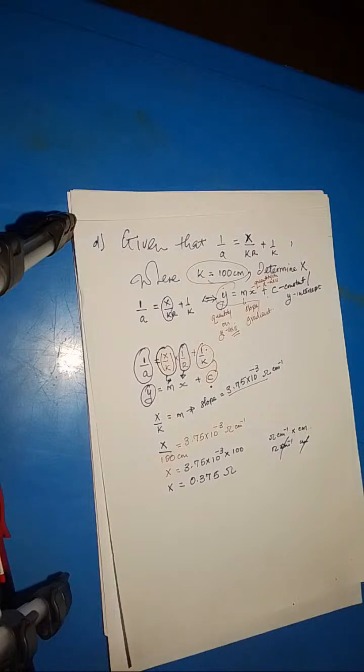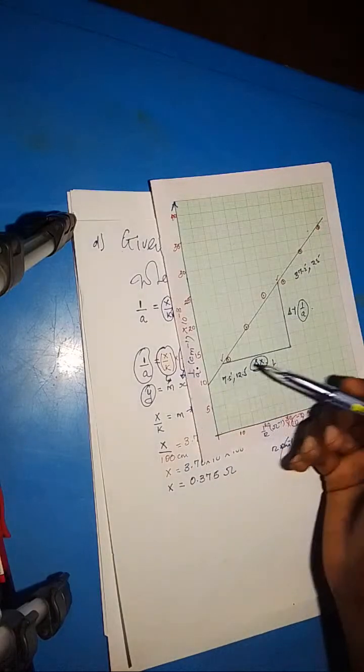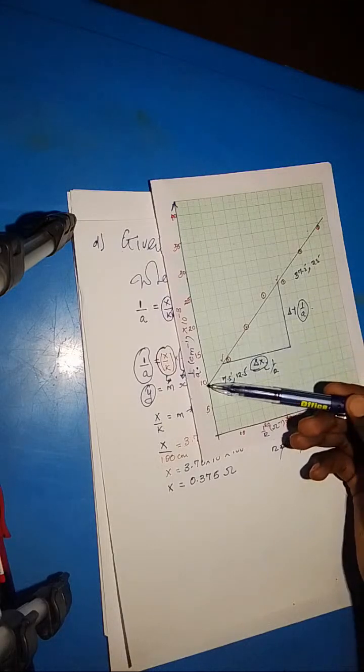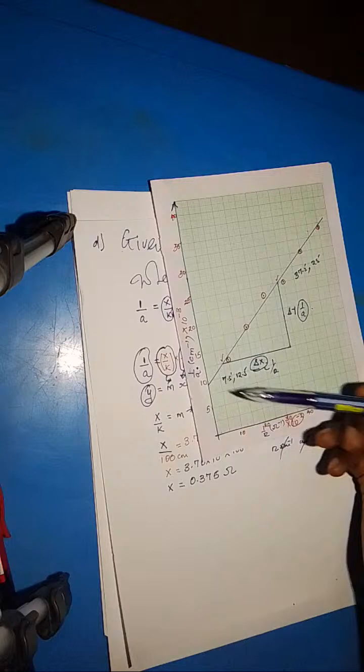Because yesterday we had an equation that doesn't have the y-intercept. But today we can clearly see that we are having a certain constant, which is the y-intercept.